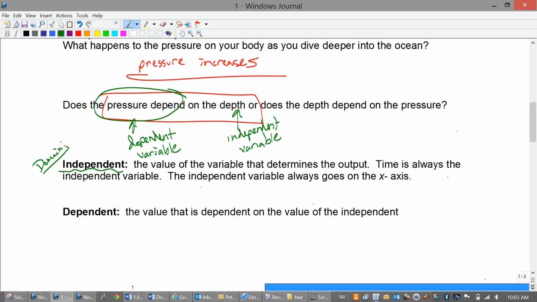If we list all the scenarios for the independent variable, all the relationships, all the numbers, all the values, that becomes the domain. Time in our world is always the independent variable. Whenever you have some reference of time, it's always going to be the independent variable. And the independent variable always goes on the x-axis for us when we're graphing.